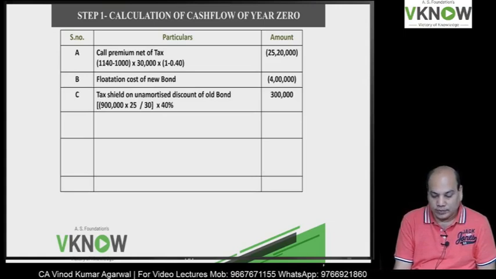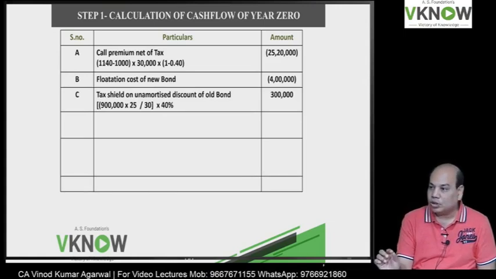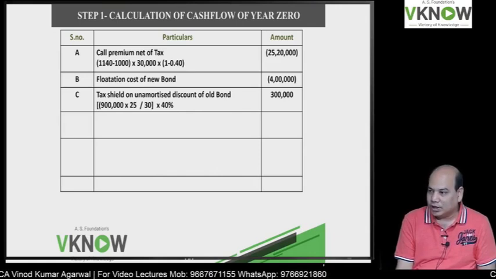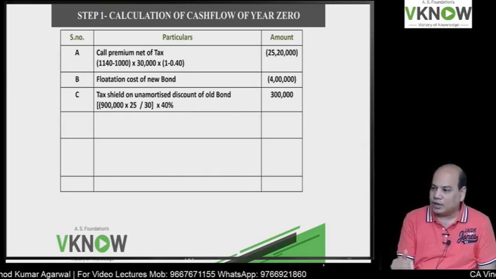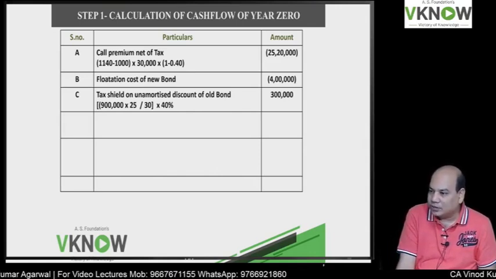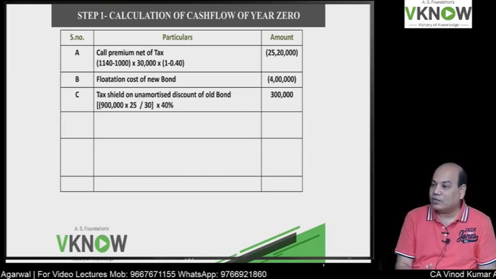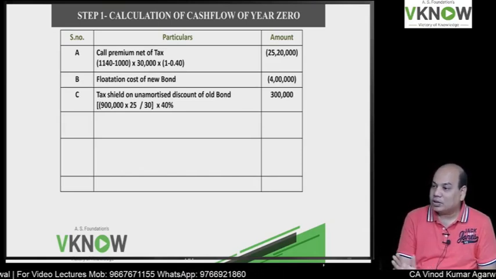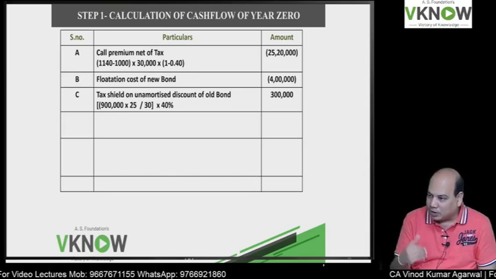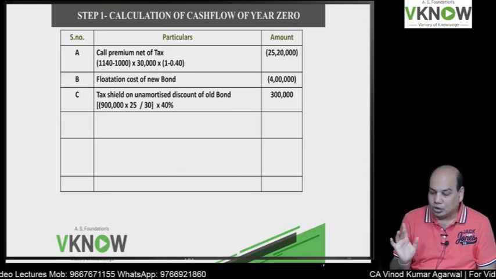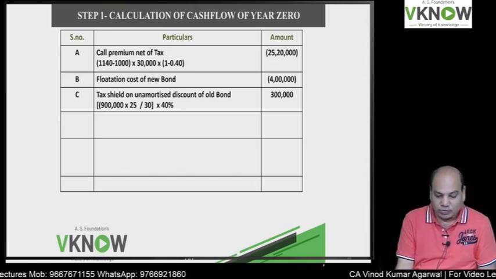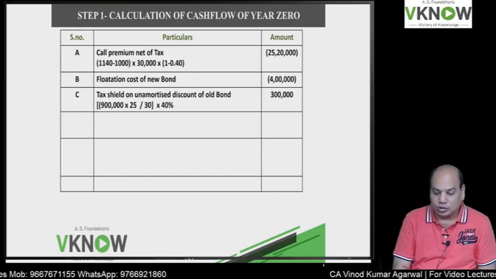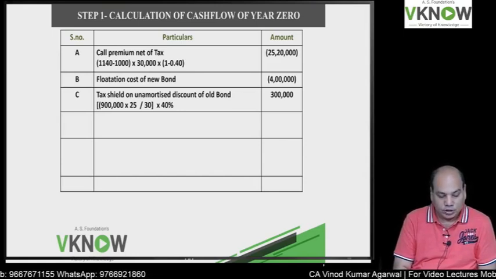Now remember, you have issued old bond at a discount of 9 lakh. For 5 years you have already taken the tax benefit. Remaining 25 years you have not taken tax benefit. But that unamortized balance will be written off now. So you will get the tax shield today on unamortized discount of old bond. Point number C, write down.